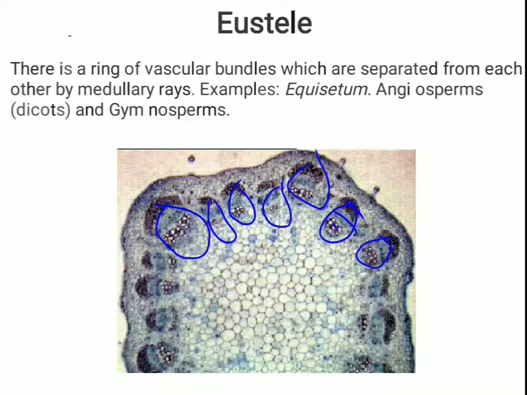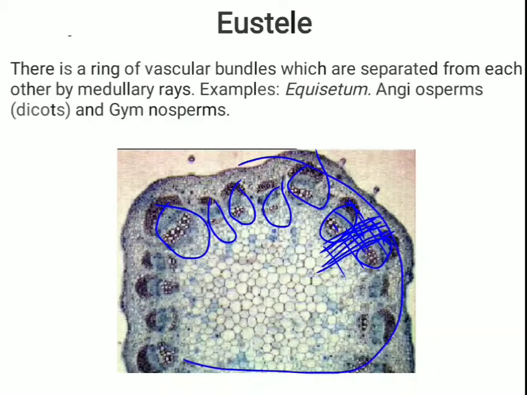In the separate vascular bundles, these are all medullary rays. Okay, this is a checks like structure. These are the medullary rays, means between two vascular bundles, in the middle part, medullary rays are present, and the vascular bundles are arranged in a ring.